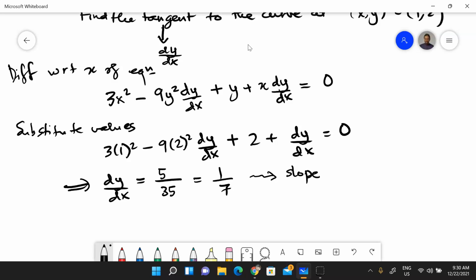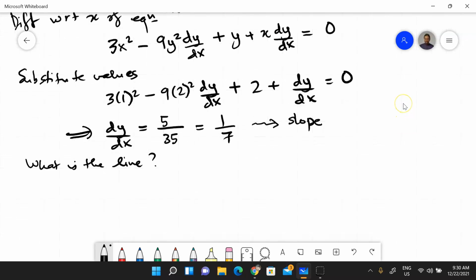What you need is, okay, I didn't mention it before, you want the tangent as a line. Okay, so what is the line? The slope we already have, but what is the equation of the line? Well, you are given the point, so the point is y equals 2 and x equals 1, so that means if you take the difference between the two, this has to be equal to the slope.